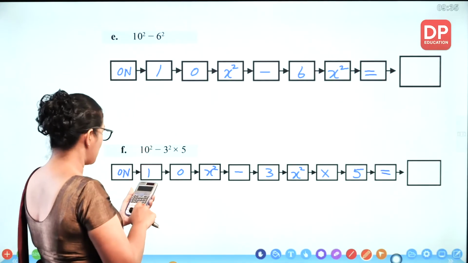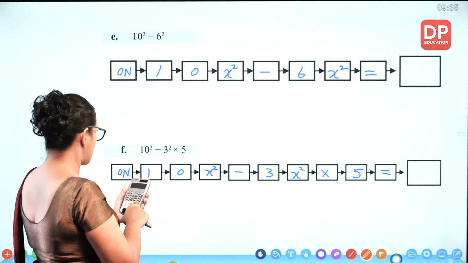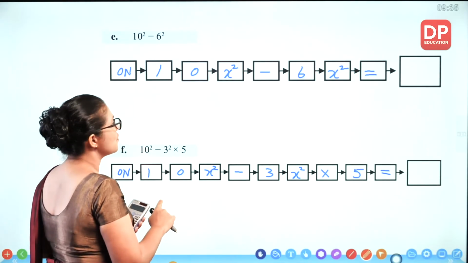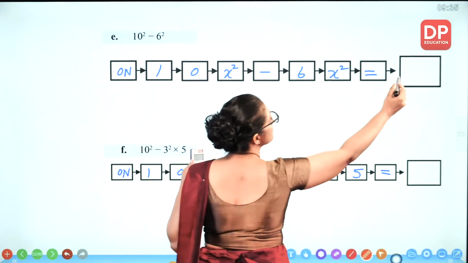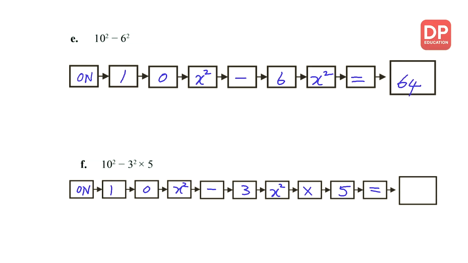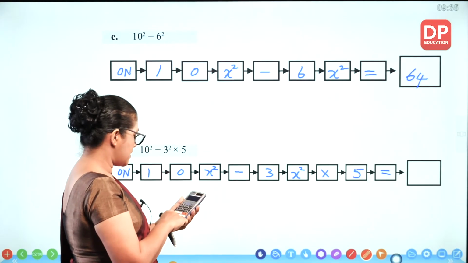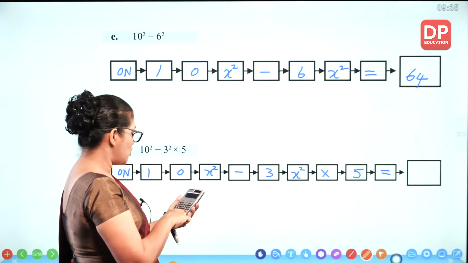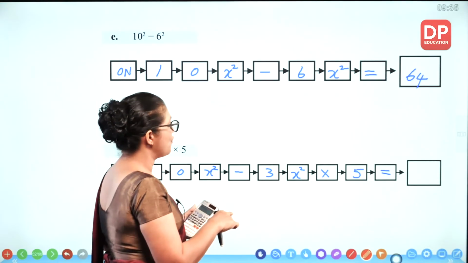So 10 squared minus 6 squared is 64. 10 squared minus 3 squared into 5, 55.